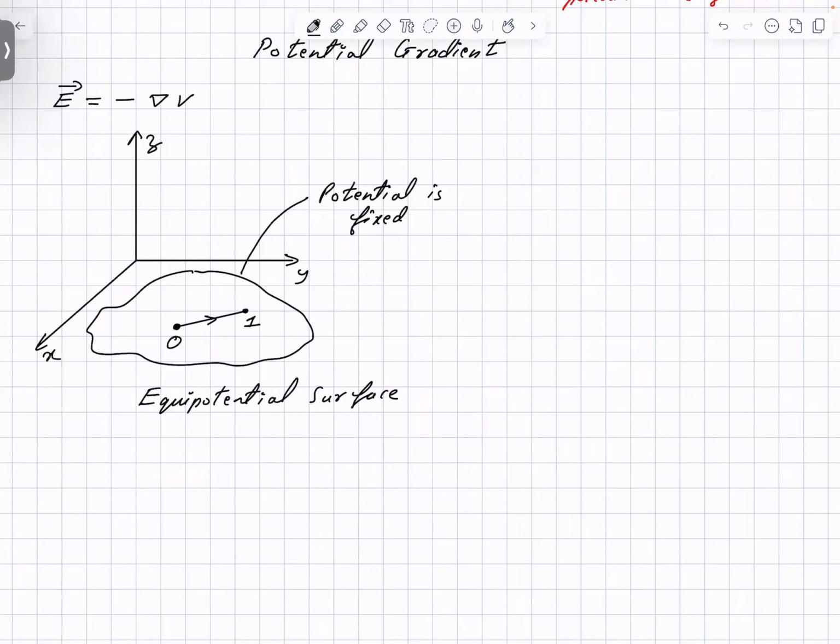This small incremental displacement we will call dl. What we know is that V equals minus E dot dl. Or if we're talking about incremental potential, we can say dV equals minus E dot dl.